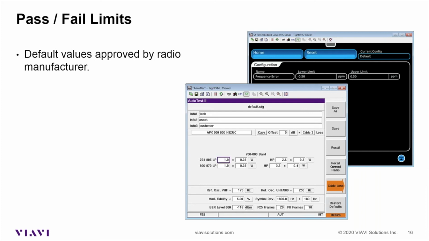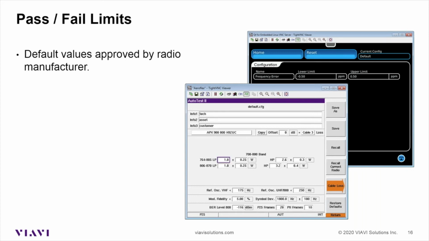But one thing we don't want to start doing is looking at our tolerances and saying, well, you can see here the low power has a tolerance of plus or minus a quarter watt. You don't want to go in there and say, well, a quarter watt's good, a tenth of a watt would be even better. The reason I say that is because the tighter you make that spec, the tighter the alignment has to be.